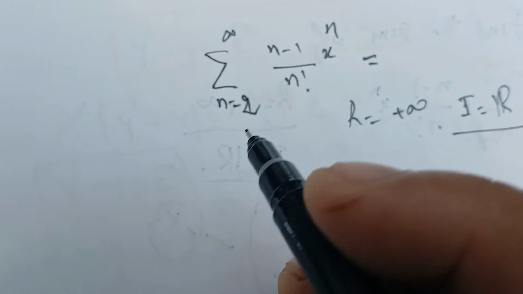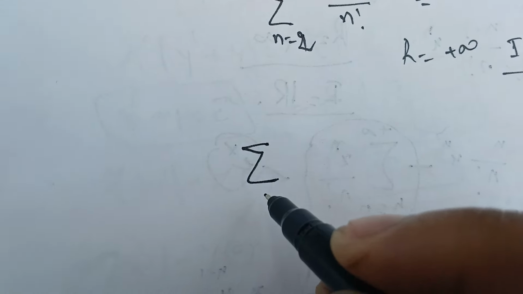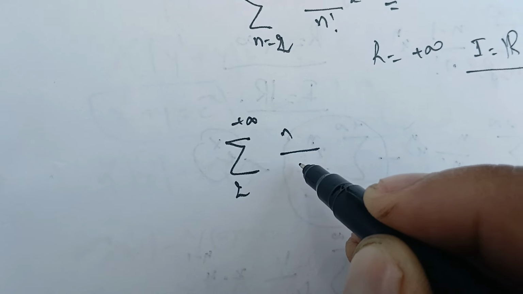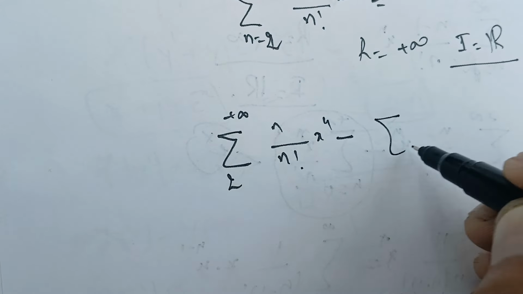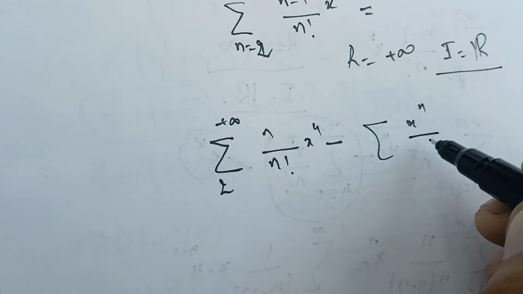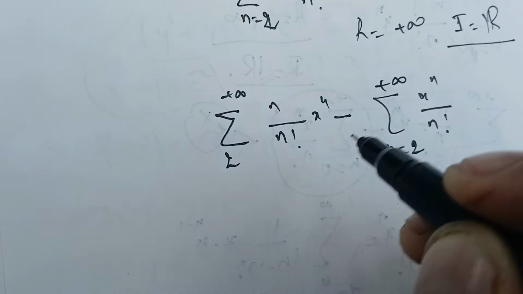Here we can start by simplifying this sum into two parts. So you have the sum of n over n factorial x to the power n, minus the sum of x to the power n over n factorial, where n is going from 2 to infinity.